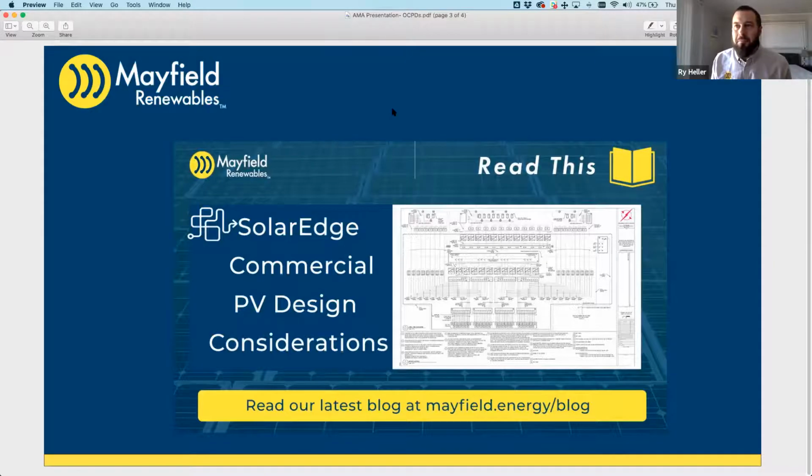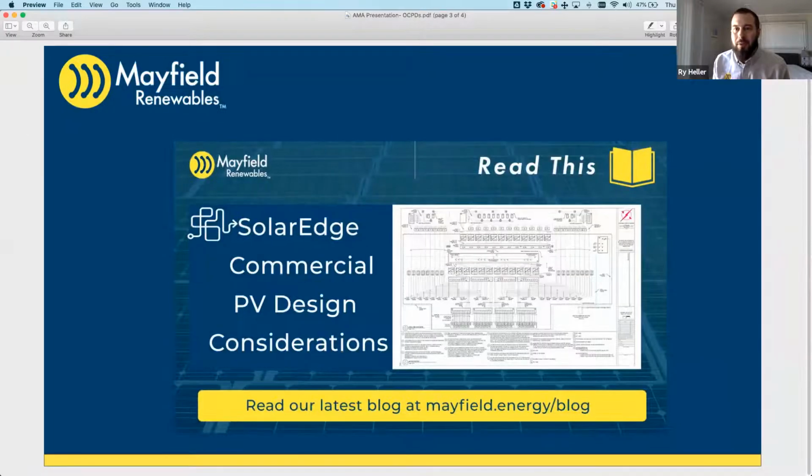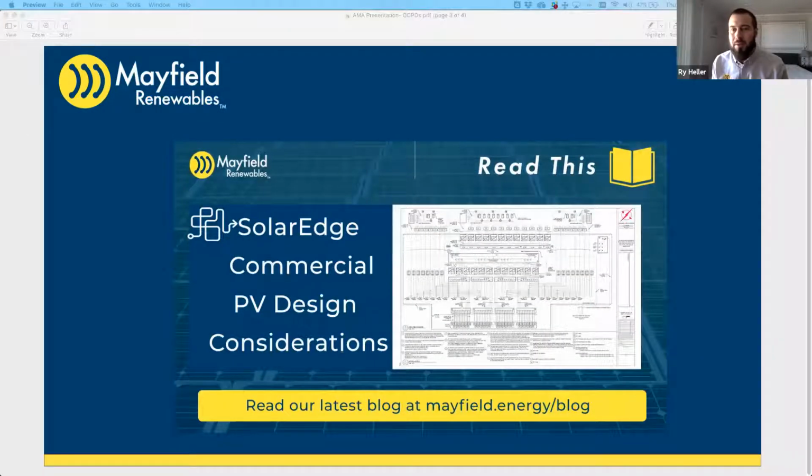Yeah, I think as the industry has moved more towards needing to have module level rapid shutdown, SolarEdge has really risen into a product that we're designing with a lot. I found myself really having to research and understand how that system worked, and I was provided a letter written by Bill Brooks that went into the need for having overcurrent protection if you had 3 strings or more, which was kind of a shocker for me.